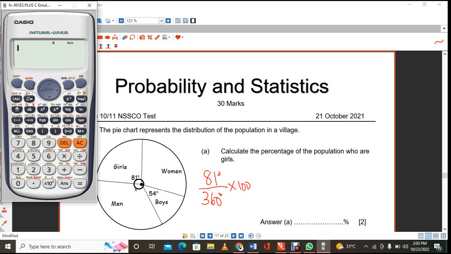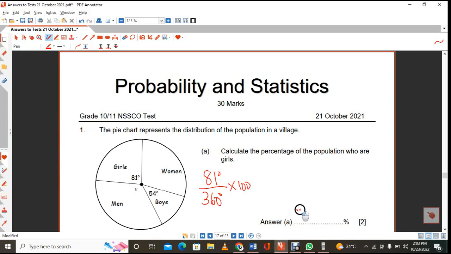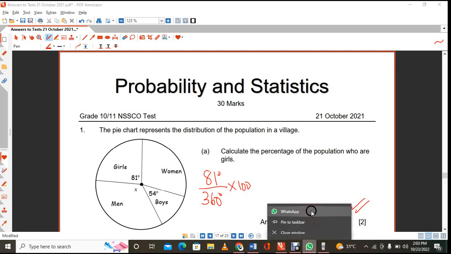So you're going to have 81 over 360 degrees, multiply that by 100, 22.5. Okay, so then you have 22.5 for 2 marks. That is the answer.